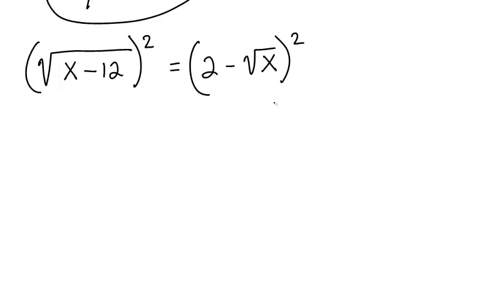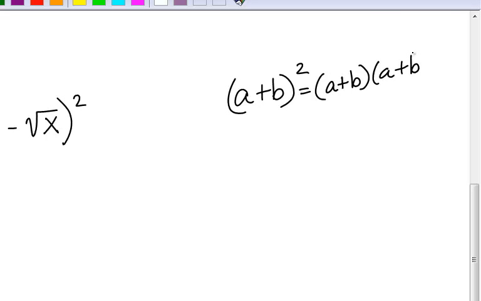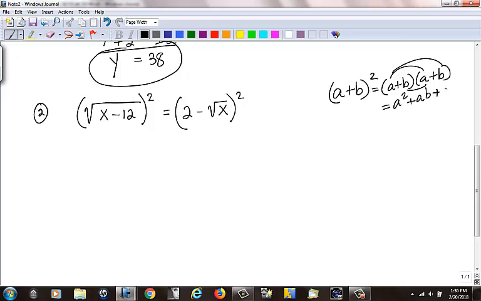Now the part where you have to be careful is when you have a binomial squared. I'll go back and review. If you have a binomial squared, the long way to do that is to multiply a plus b times a plus b, FOIL that out, a squared plus ab plus ab plus b squared. This is the long way. You get a squared plus 2ab plus b squared.